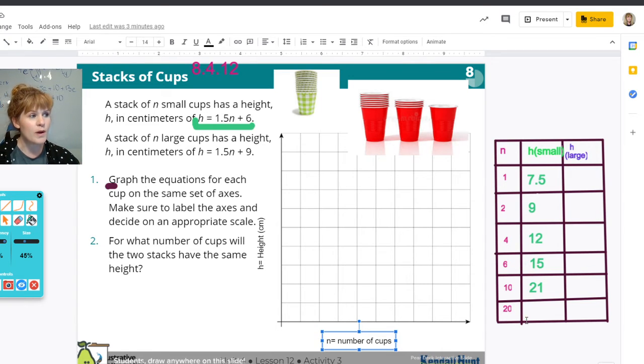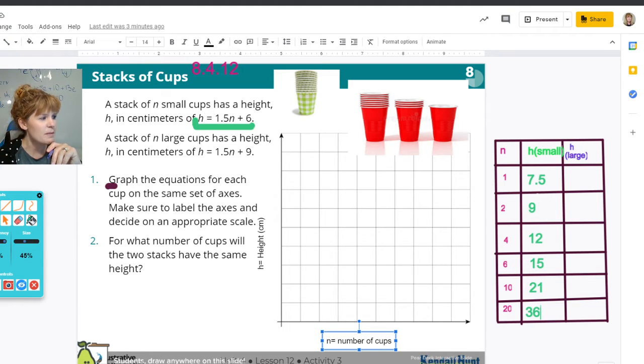So then 1.5 times 20 is 30. 30 plus 6 is 36. Try doing the math in your head and then check it with a calculator. But if you're not so good at math in your head, no problem. You should be writing it in your math notebook. Okay, so I can go ahead and plot these points on the graph. Before I do, though, I'm going to fill out the table with the large cups.